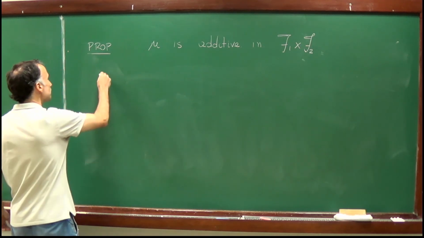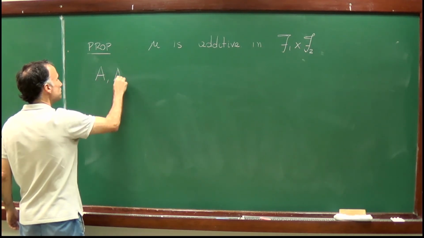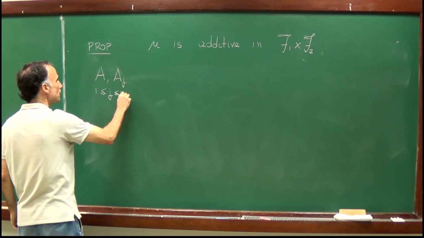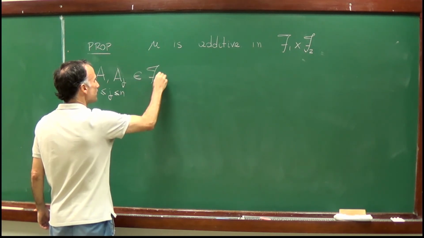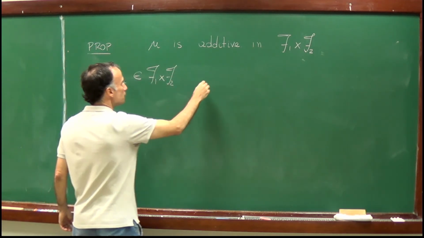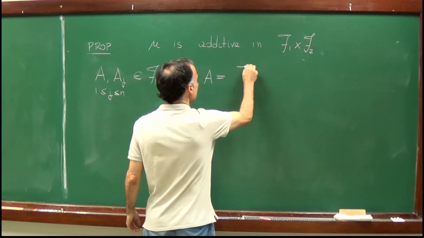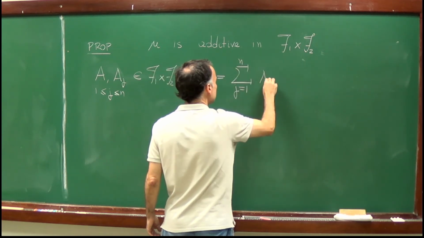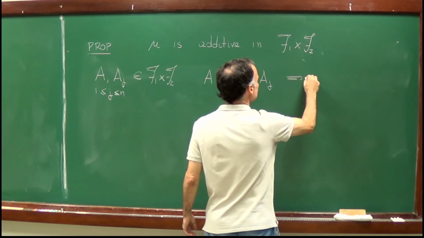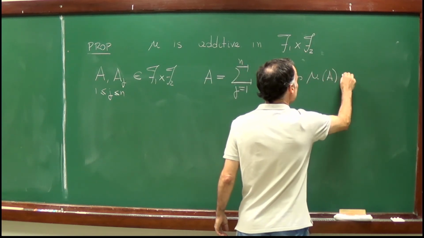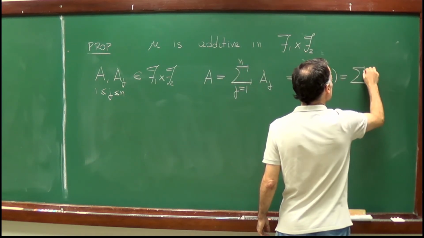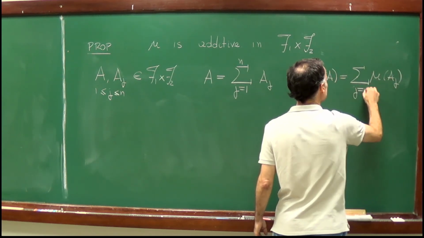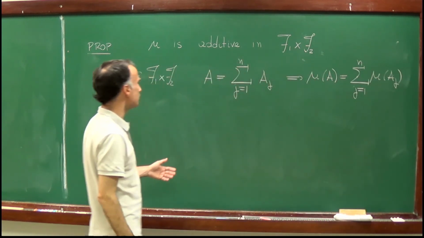So this means that if I take A and AJ for j between 1 and n in F1 times F2, and if A can be written as the sum of AJ, I have to prove that mu of A is equal to the sum of mu of AJ. This is additivity.